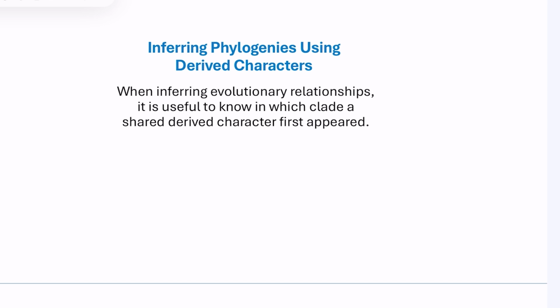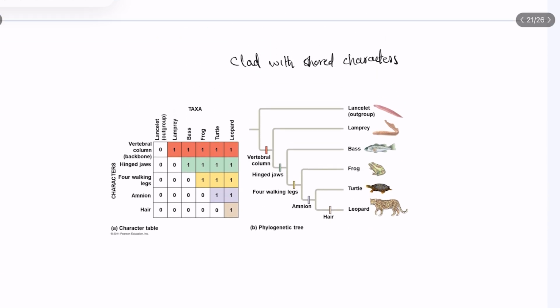When we draw a phylogenetic evolutionary relationship, it is useful to know in which clade a shared derived character first appears. So you have to check in which species, and at what point, a particular character is derived. Okay, you will understand from this.